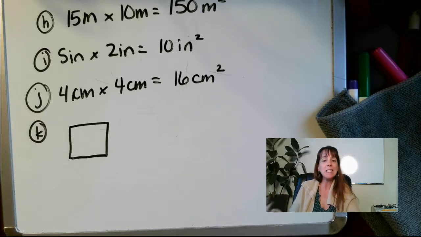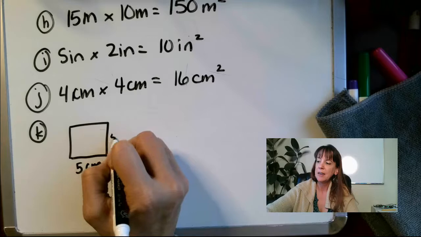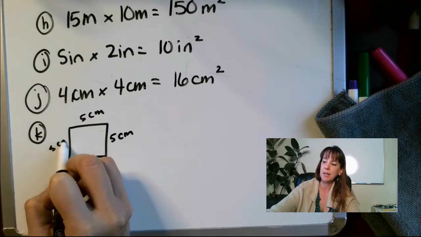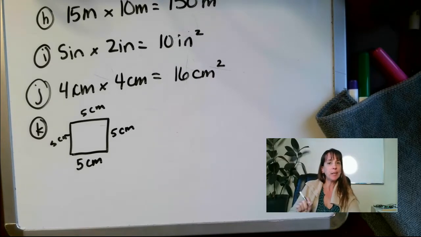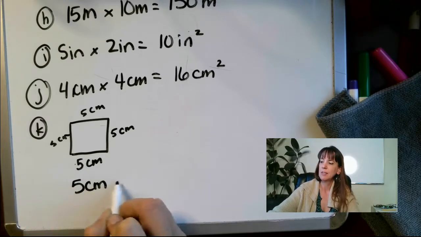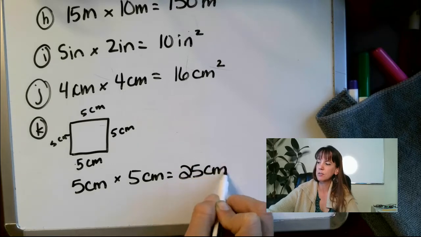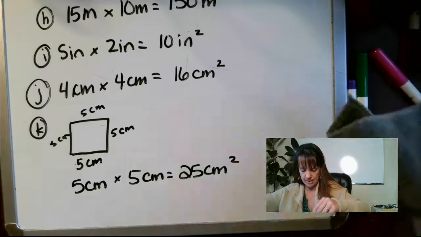Well, if it is 20 centimeters, if we divide 20 by 4, that means this has to be 5 centimeters, 5 centimeters, 5 centimeters, 5 centimeters. Those all have to be 5 centimeters. It's asking what the area would be then. If that's the case, 5 centimeters times 5 centimeters equals 25 centimeters squared. Okay, and that was K.